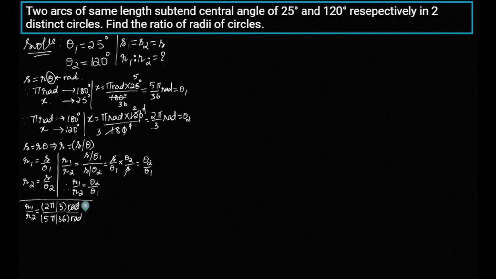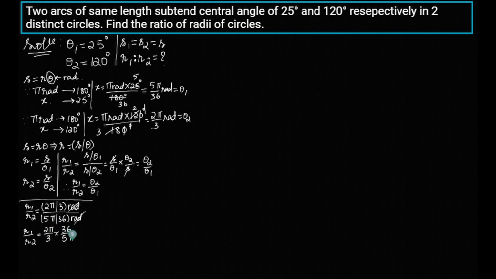Radians and radians cancel out each other, so R1 divided by R2 is equal to 2 pi by 3 into 36 by 5 pi.